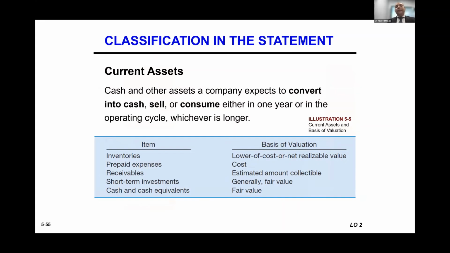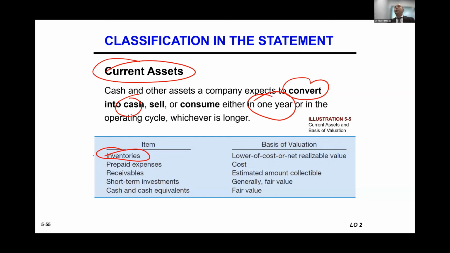But then, what are current assets? This is the most important part: what is the difference between current and non-current? Current assets means any asset that you can convert to cash or sell within 1 year. For example, inventory is expected to sell within 1 year, so this is a current asset.